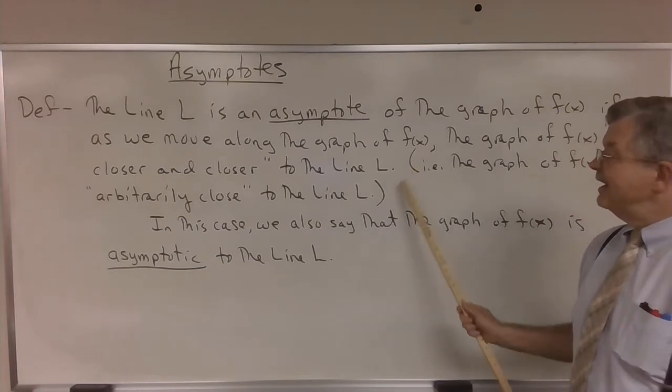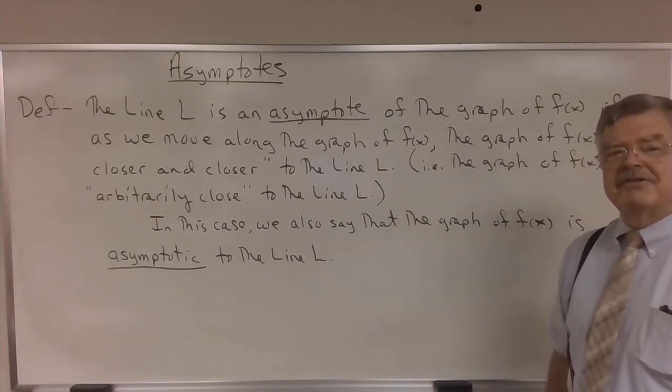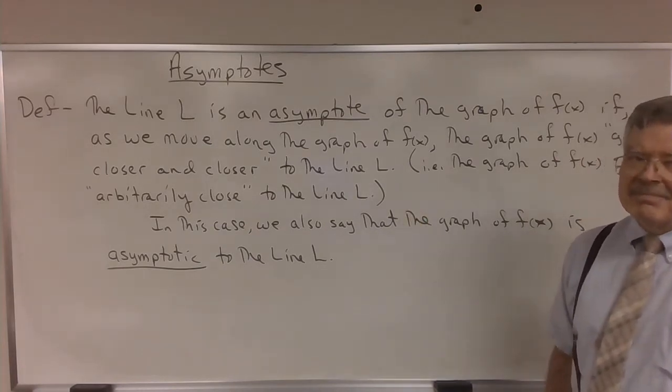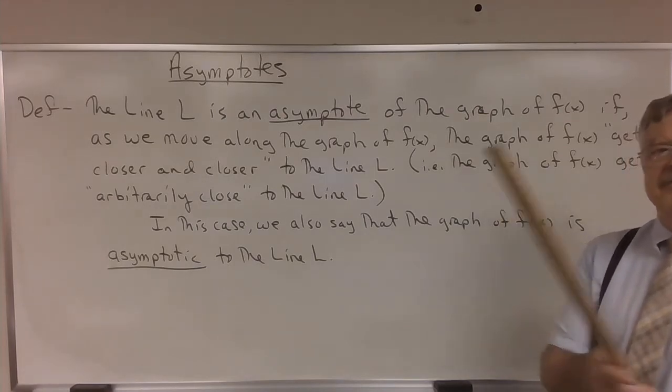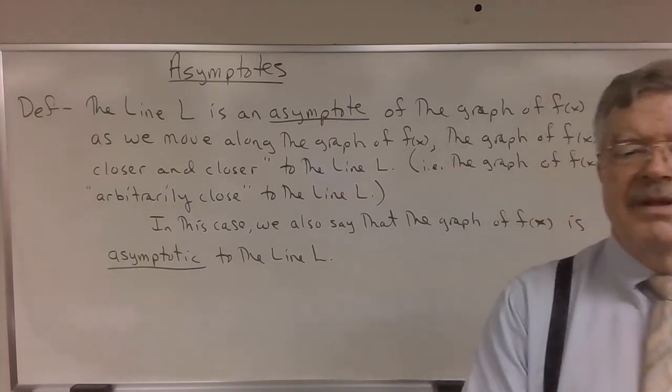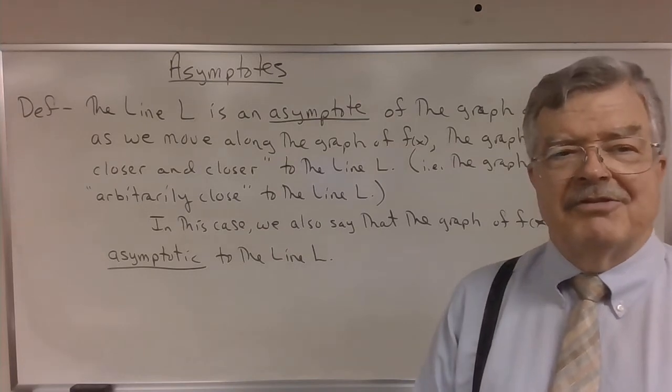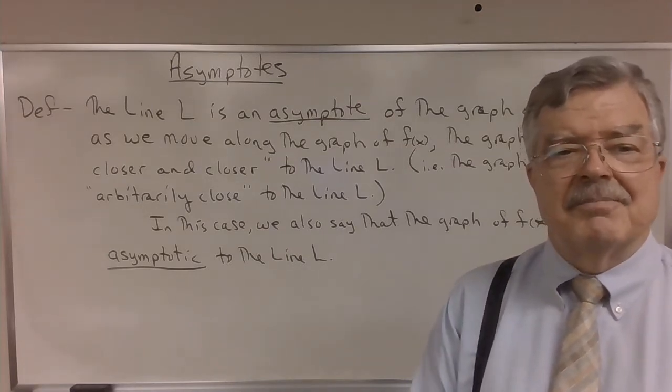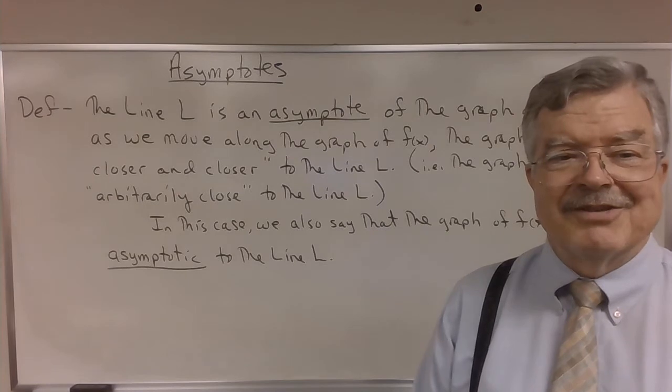Now, this is a heck of a definition to have to digest without some pictures. So, let's dispense with the definition and go to some pictures that will give us some real insight.